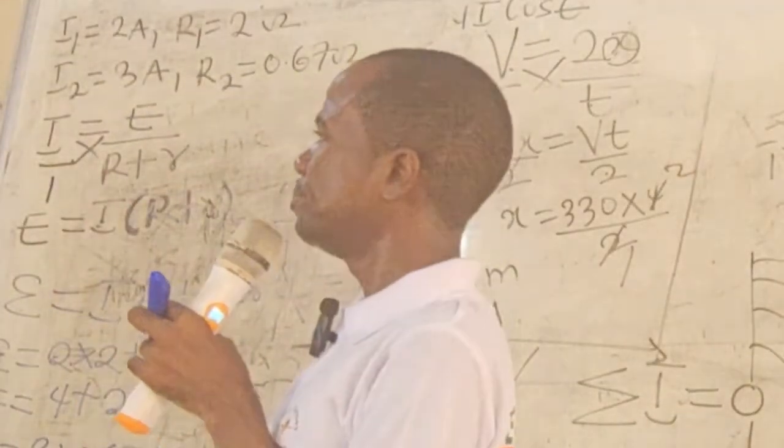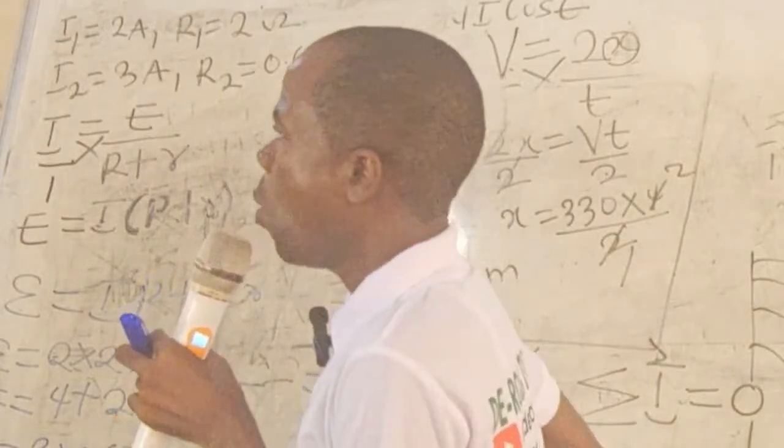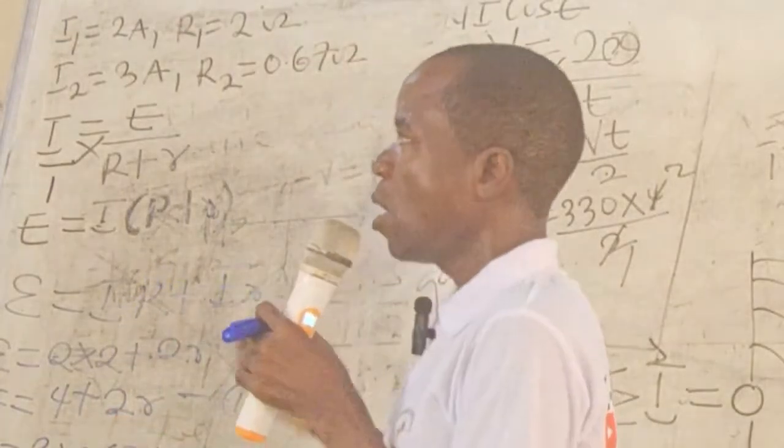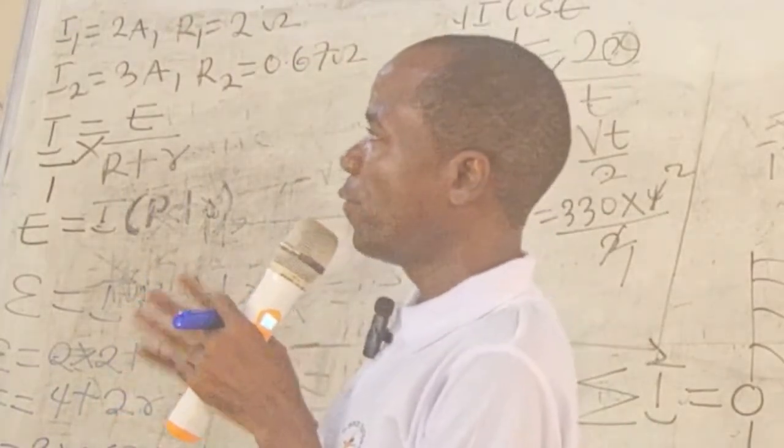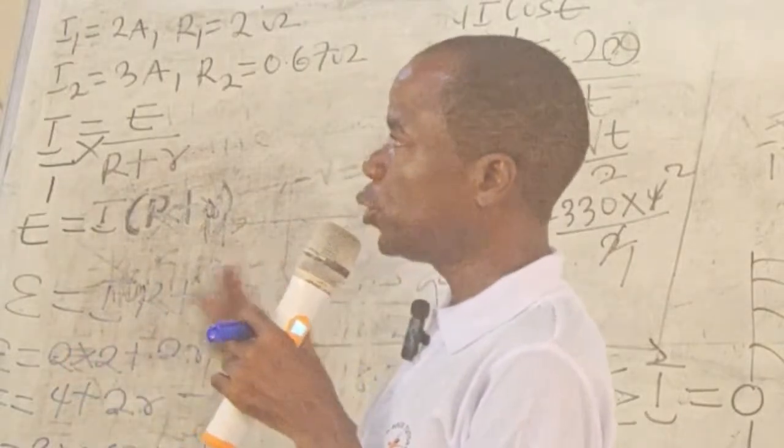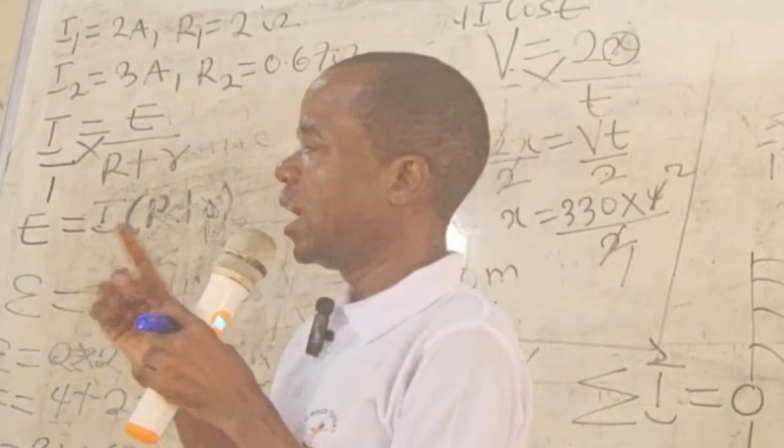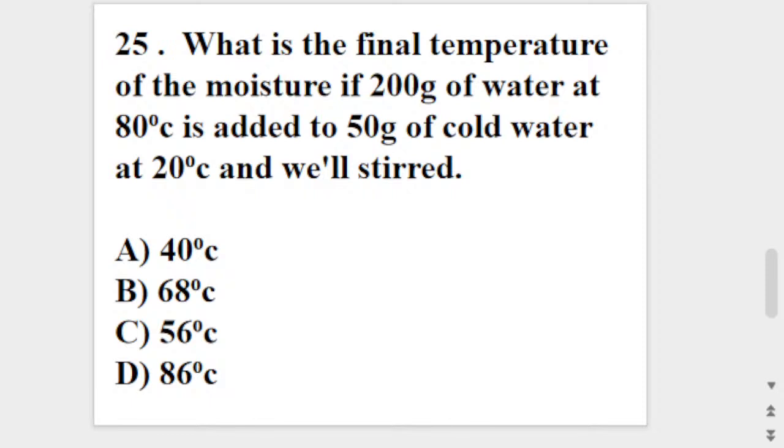The next slide. Okay, what is the final temperature of the mixture if 200 grams of water at 80 degrees Celsius is added to 50 grams of cold water at 20 degrees Celsius? So let's look at this.